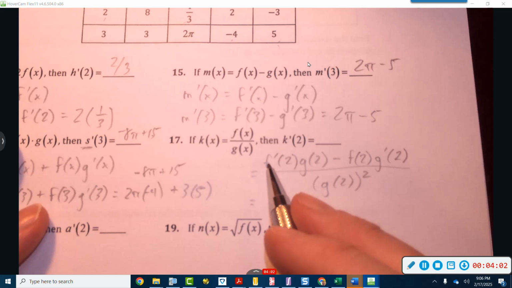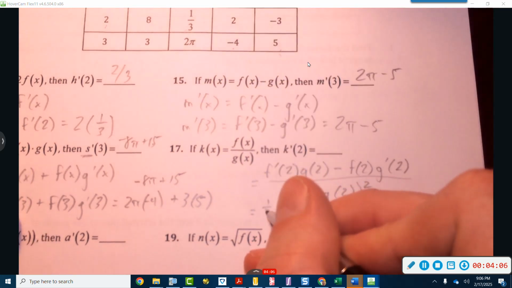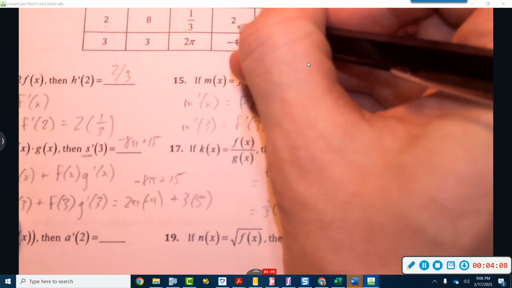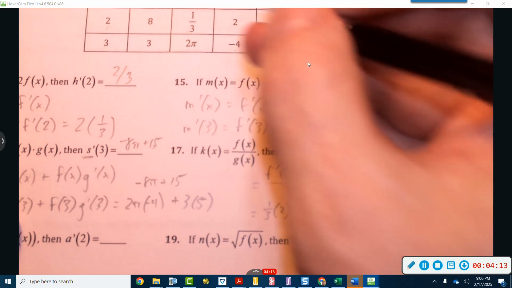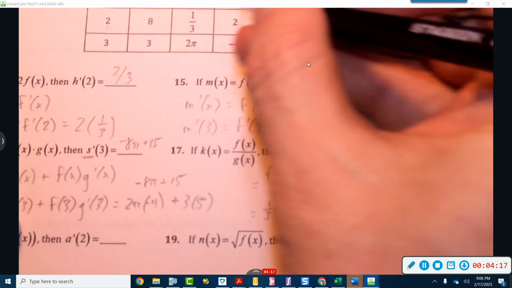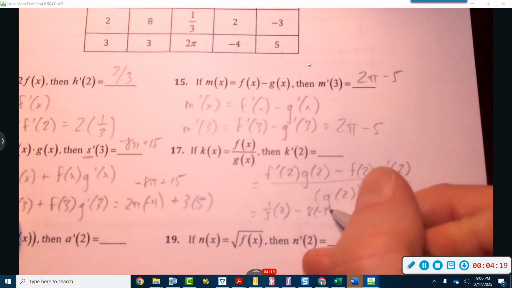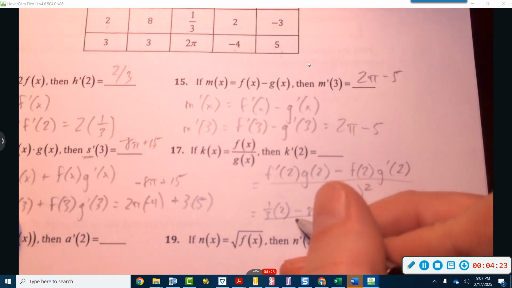Let's see. F prime of 2 is 1/3, times g of 2, which is 2, minus f of 2, which is 8, and then g prime of 2 is -3, all over g of 2 is 2, and that's squared, so that's 4.